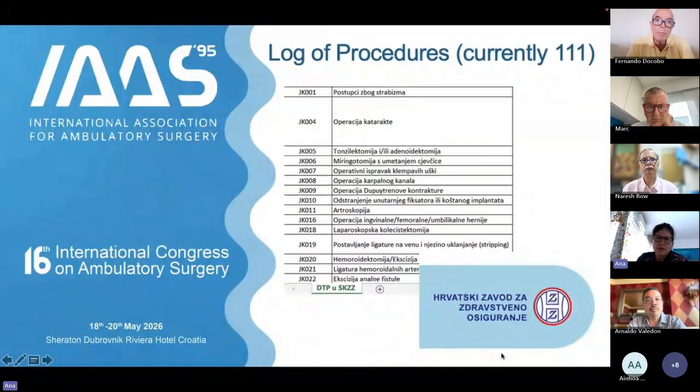Currently, there are 111 procedures that are allowed to be performed through ambulatory surgery in the public system. Of course, that is not the final list, but not every procedure can be added without special requirements on the log. In the private sector, it is a little bit different. The private hospitals choose which procedures they can perform in their hospitals.